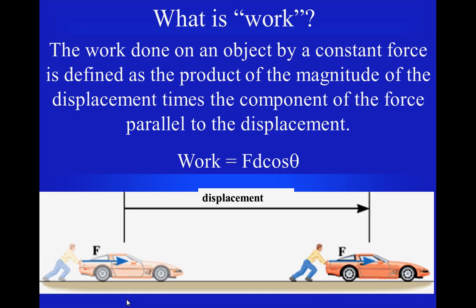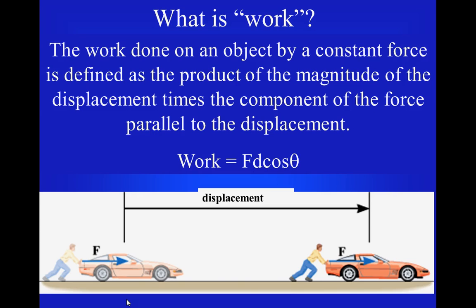So I guess we could look at this person pushing the car and say, well, gee, some of their force is in the positive x-axis, but it looks like maybe they're pushing down. So if some of their force is in the negative y-axis, well, that's maybe not the smartest thing this person ever did, but that force isn't contributing to the car moving.